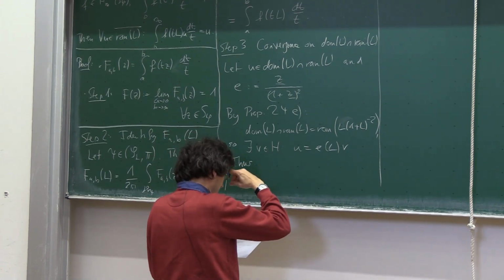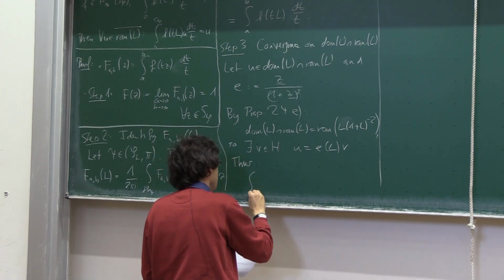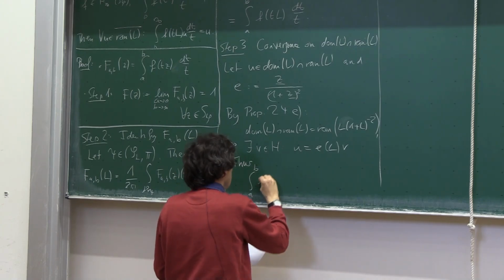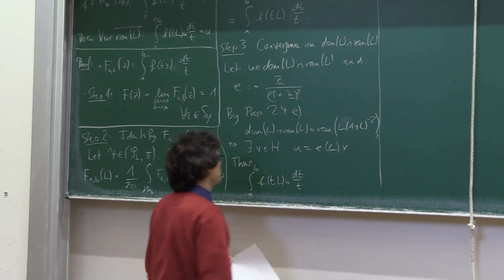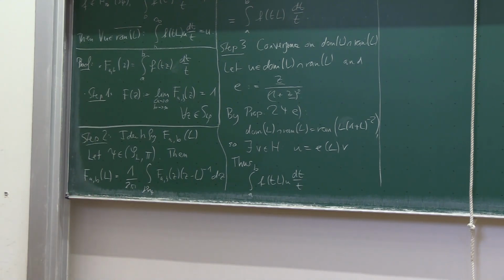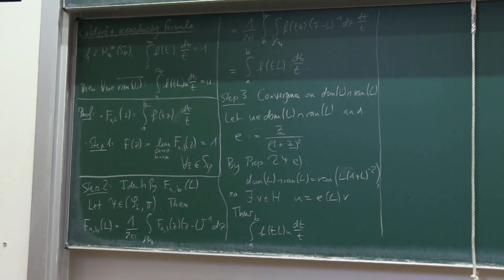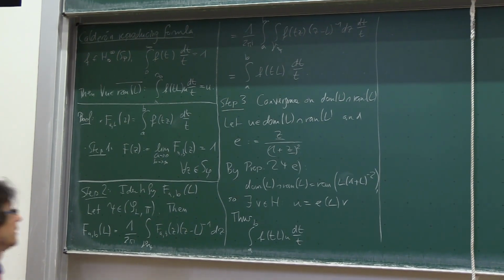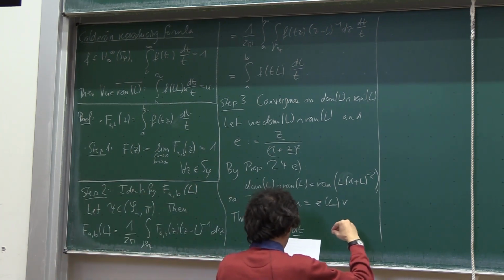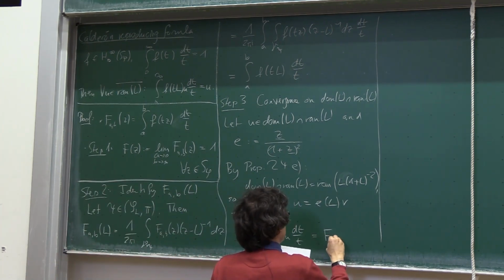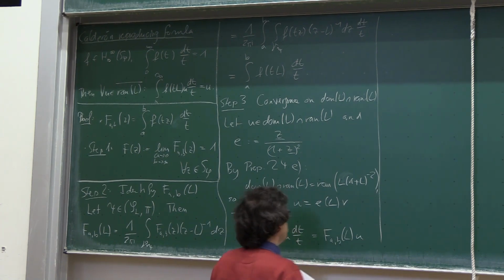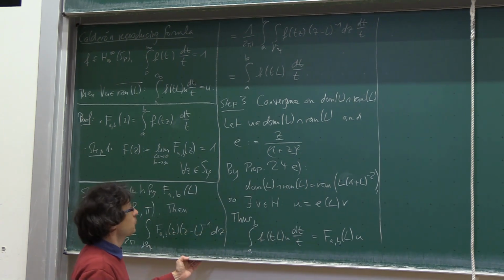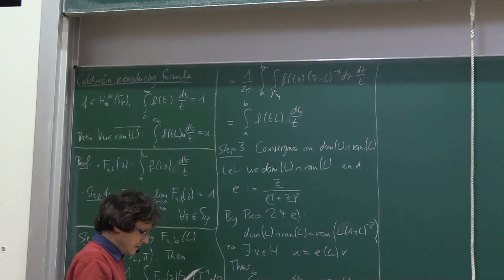So what do we have to calculate? We have to calculate the integral from a to b of f of t L u dt over t. And we have to show that this goes to u for a going to 0 and b going to infinity. Okay. So this is, by definition, f_ab of L applied to u. So now by step 2, we've calculated what that is.